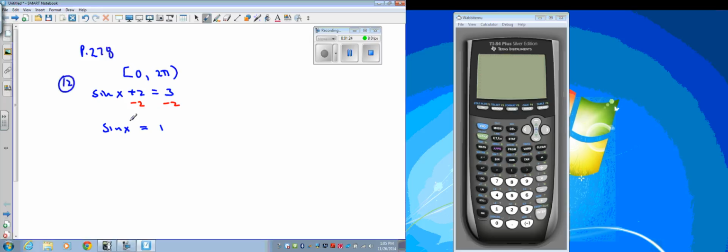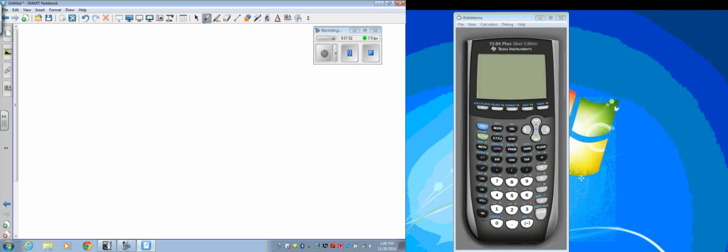Okay, but we have to do it in radians. So it's going to be pi over 2, and then it's all the way out to 2 pi. So is there any other places? Okay, so that would be the answer.